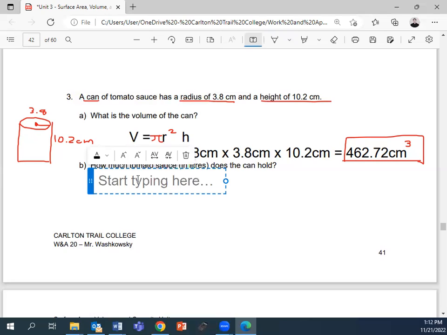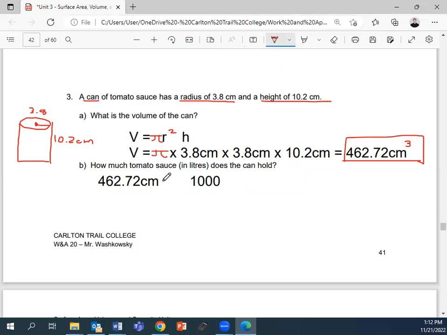So what we would do here is we're going to take our volume, which is 462.72 centimeters cubed, and we're going to divide that by 1,000 because we know that 1,000 of these centimeters cubed is the same thing as 1 liter.